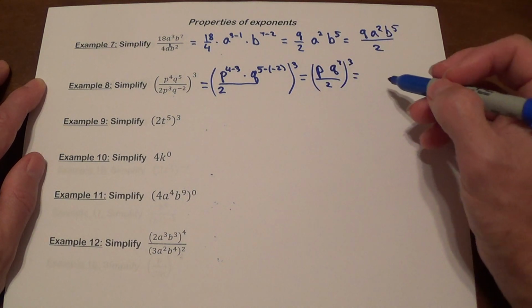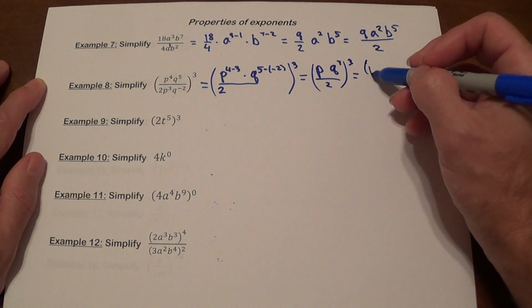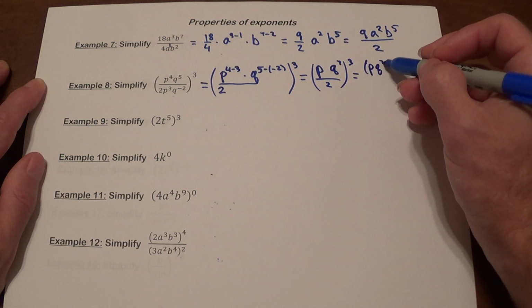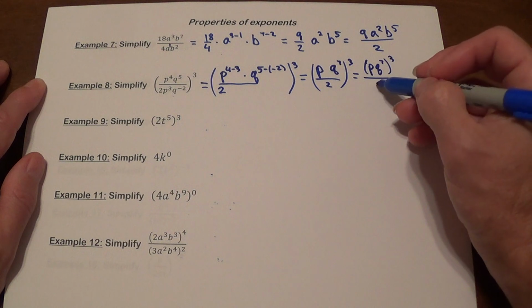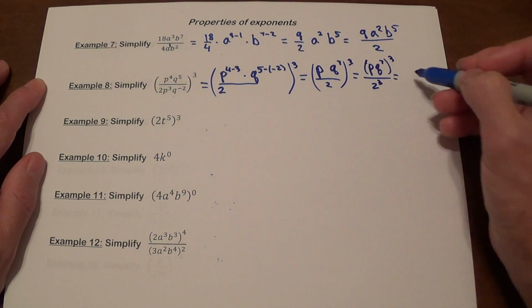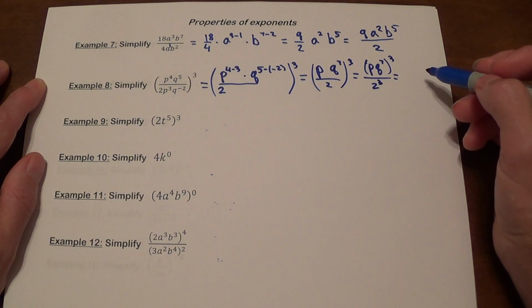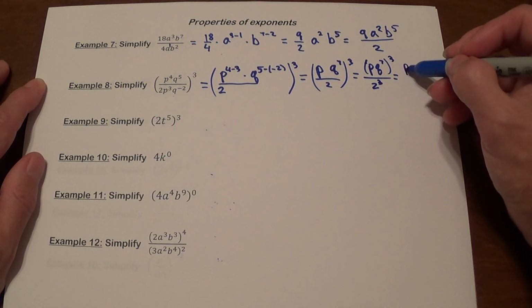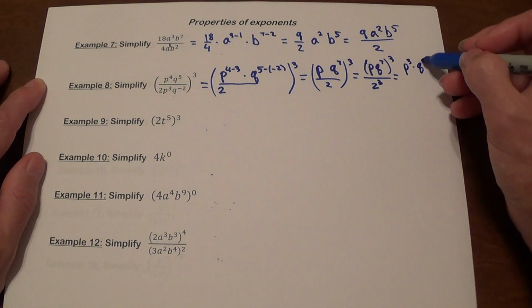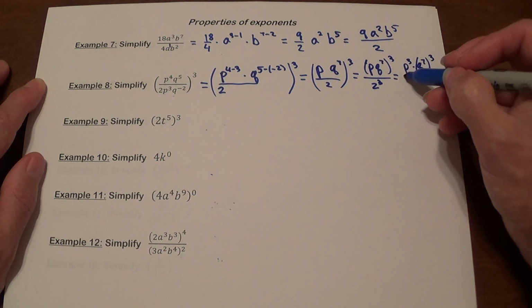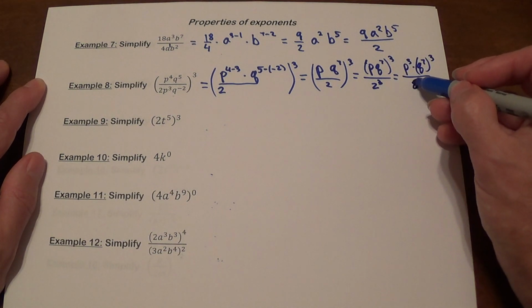So here we're going to have to raise the numerator to that power and the denominator to that power, and that means each one of these quantities will be raised to that power. So that's going to be p to the 3rd power times q to the 7th to the 3rd power divided by 2 cubed, which is 8.